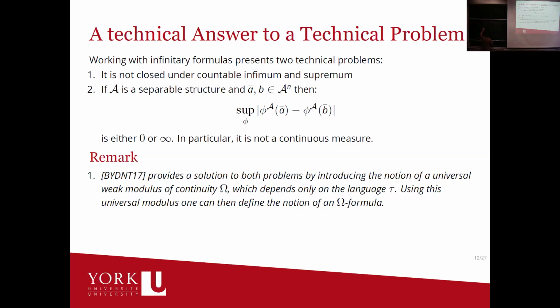Omega is universal for a language L if for every atomic formula phi of x1 up through xn, and every m greater than 0, this is a real number, there is a k such that the formula psi on n plus k variables, which is really m times the formula phi on the last n variables, is an omega formula.